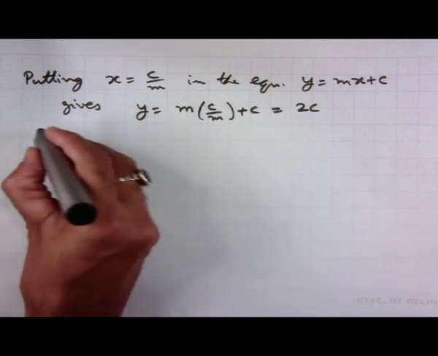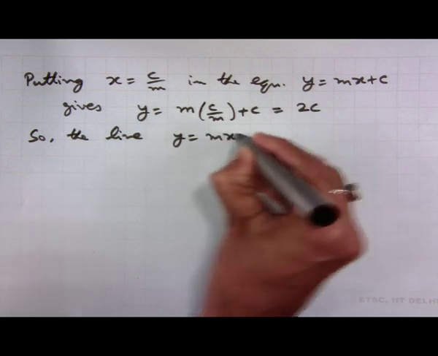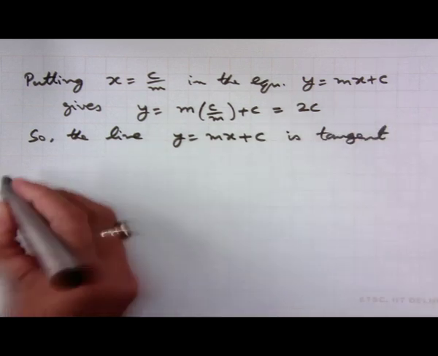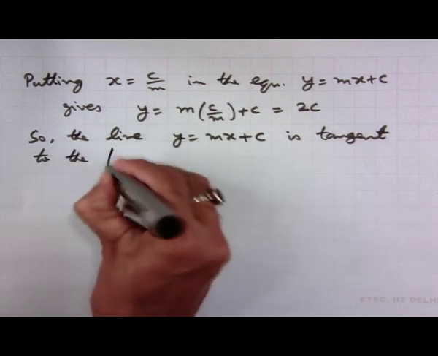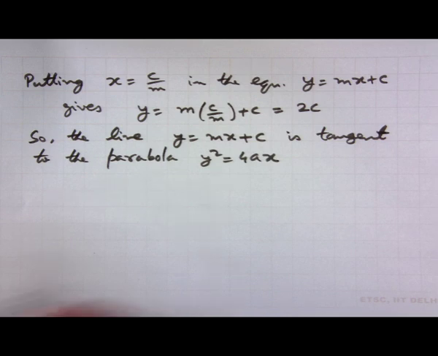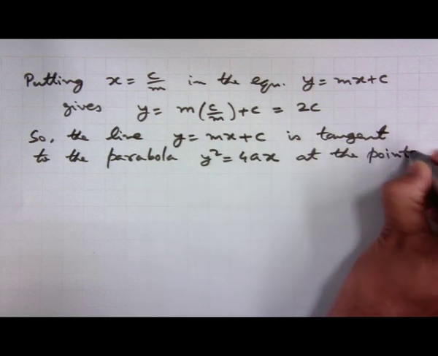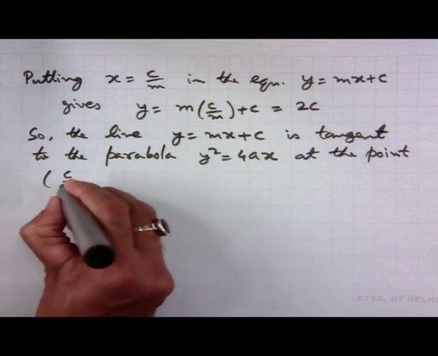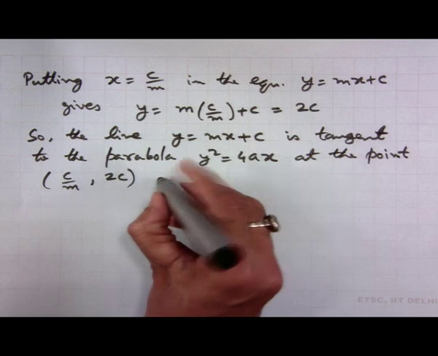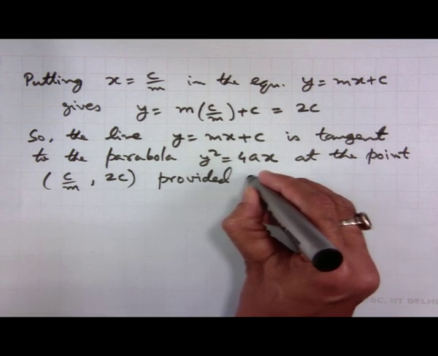So, the line y equal to m x plus c is tangent to the parabola y square equal to 4 a x at the point (c by m, 2 c), provided m times c is equal to a.